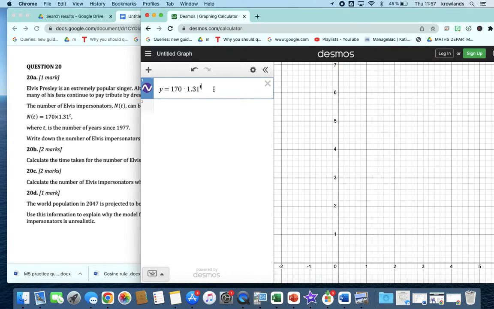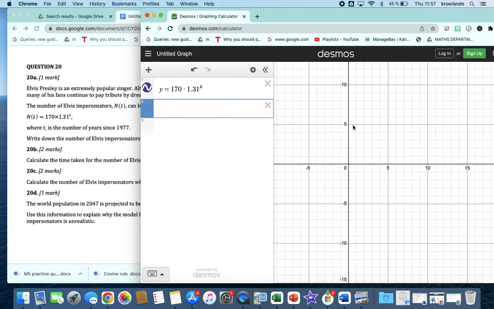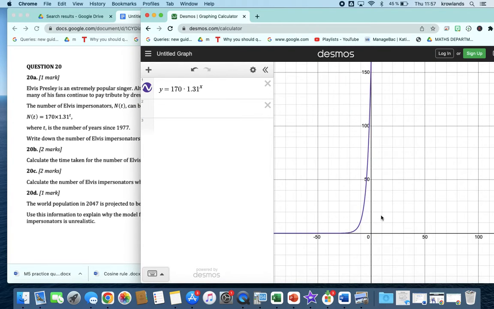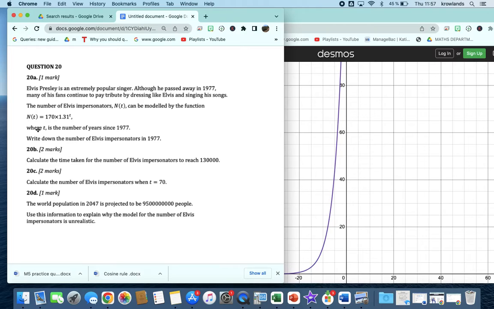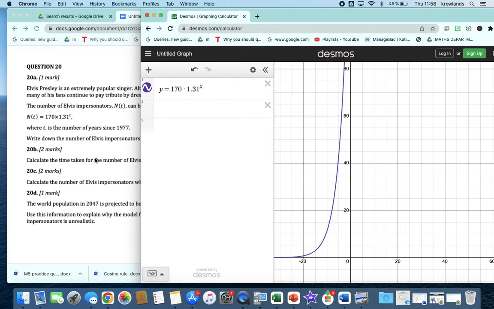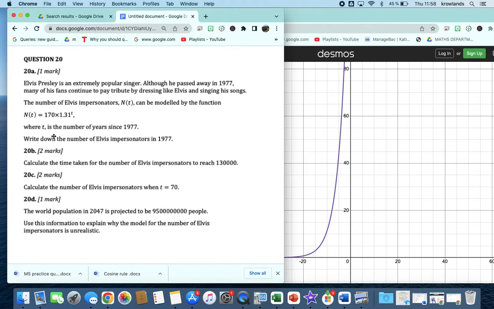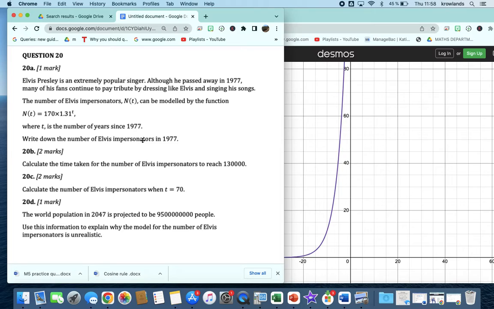So rather than writing t, because we're working with Desmos, and this is the same when you're working with your calculator, write to the power of x. So if I zoom out, I can see the function is here, which is brilliant. And it says where t is the number of years since 1977. So write down the number of Elvis impersonators in 1977.